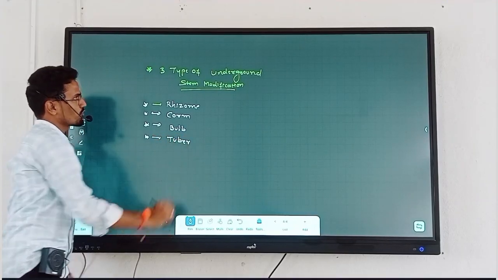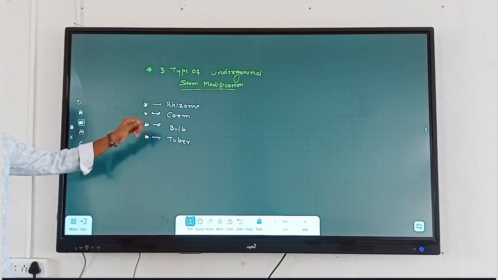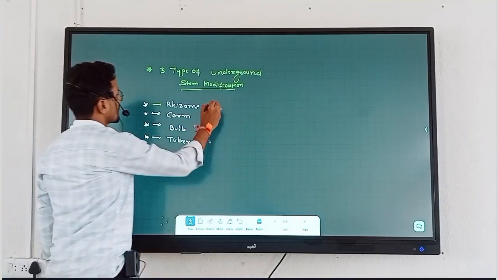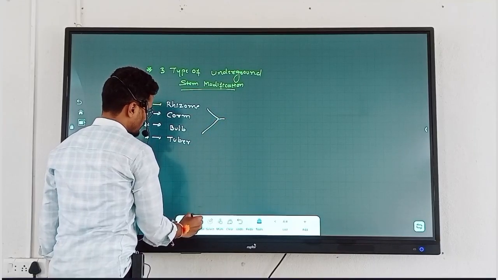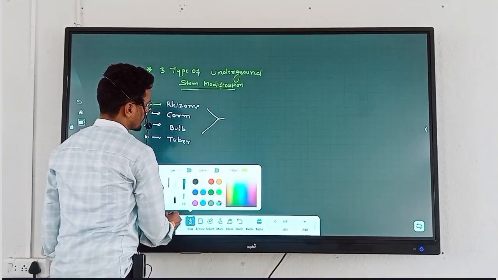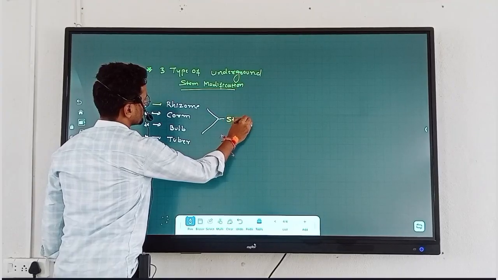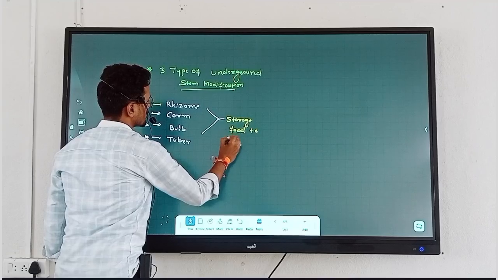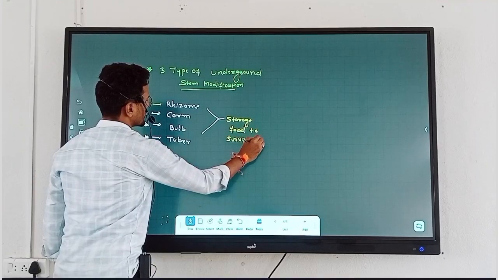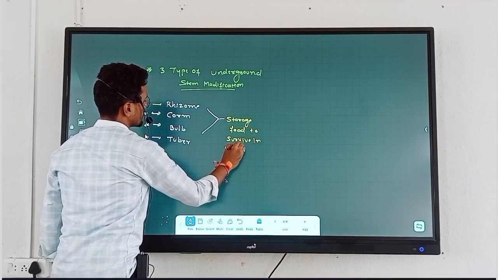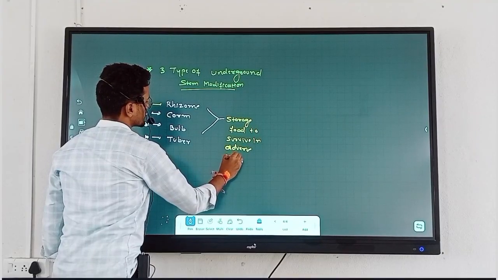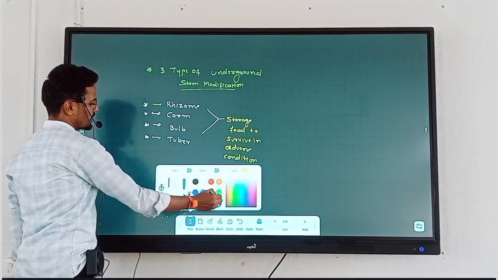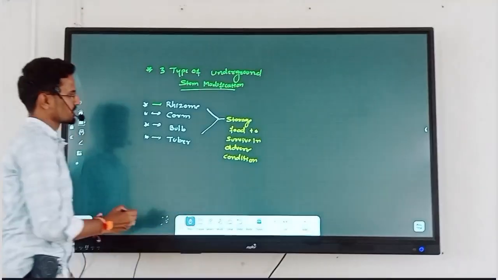These four types of underground stem modification help in the storage of food to survive in adverse conditions.